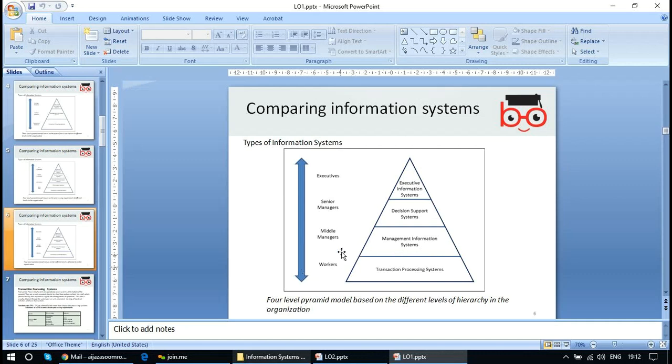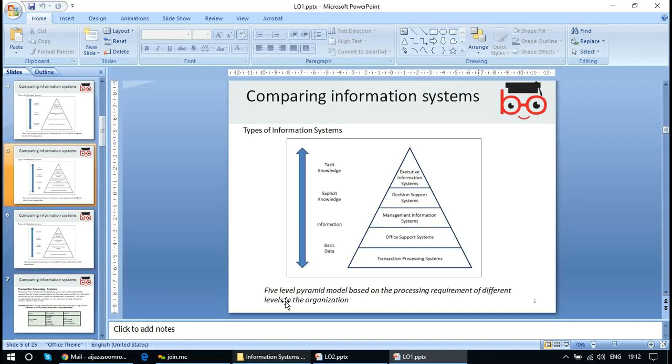according to the nature of usage, and mostly they are based on the initially basic data, information, then explicit knowledge and tacit knowledge.